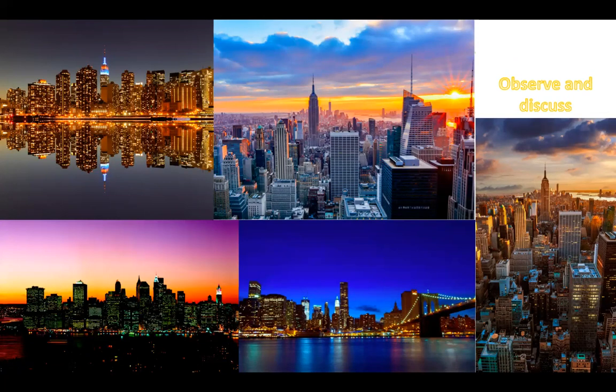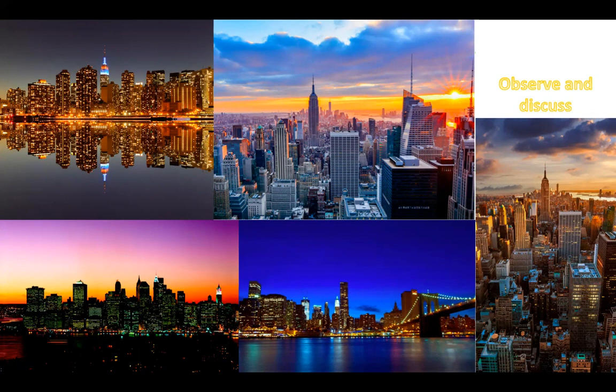I notice on the bottom left-hand side that there is also the New York skyline at nighttime. I notice the background has a really colourful sky made up of about 4 or 5 different colours there. I notice that the lights from the city buildings are reflected in the New York water.